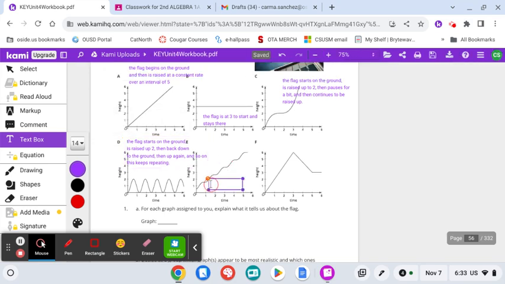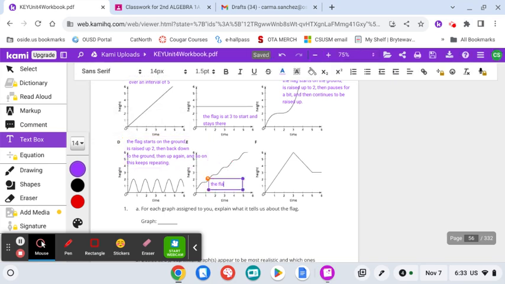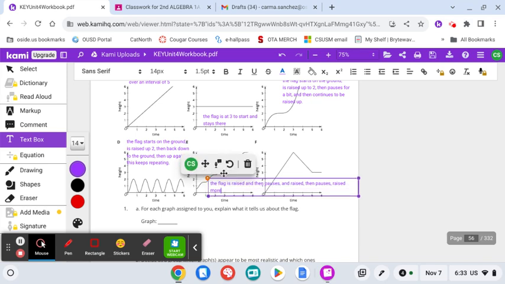Okay, this one, the flag is raised and then pauses, and raised, then pauses, raised more, and pauses until it gets all the way to the top.